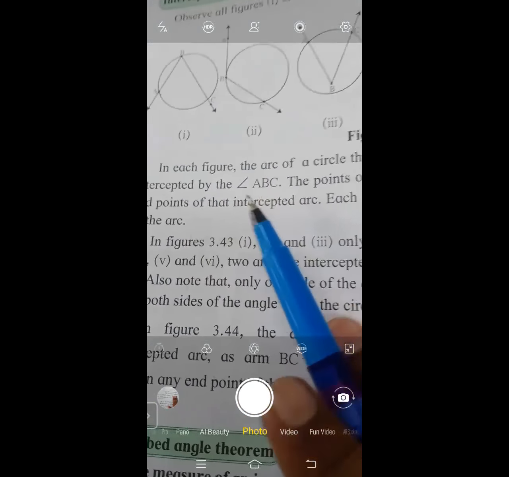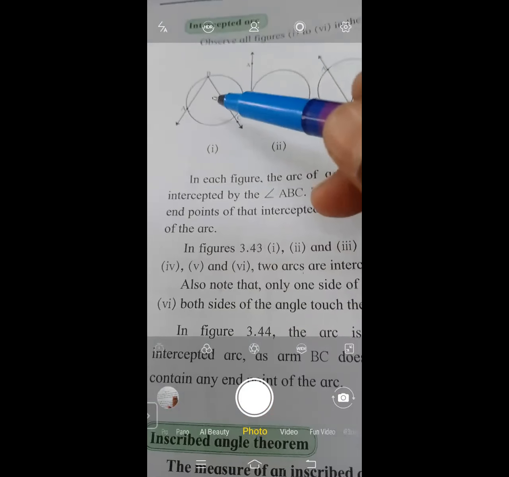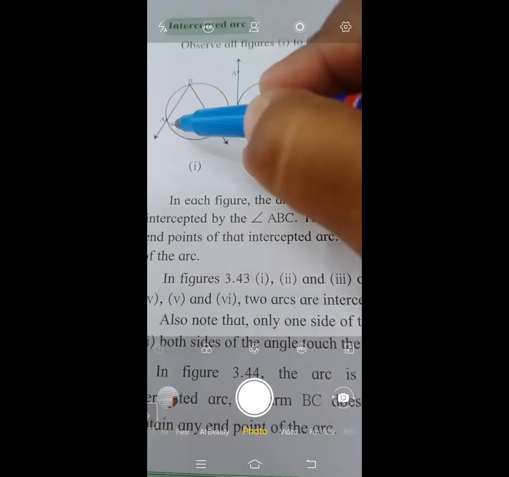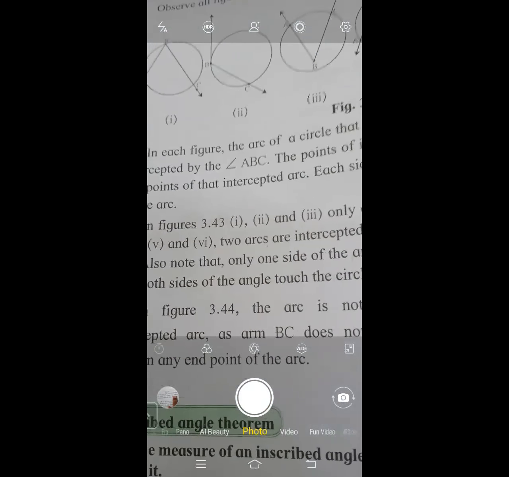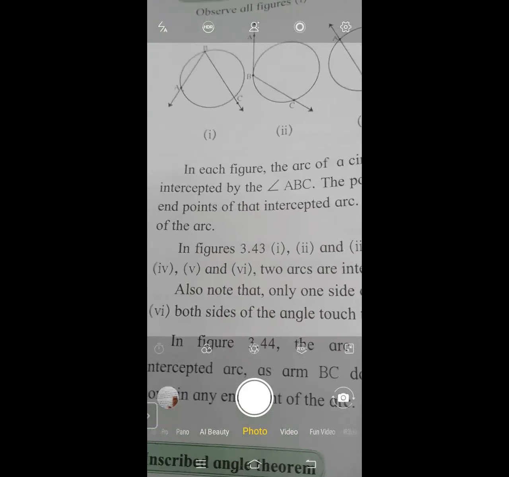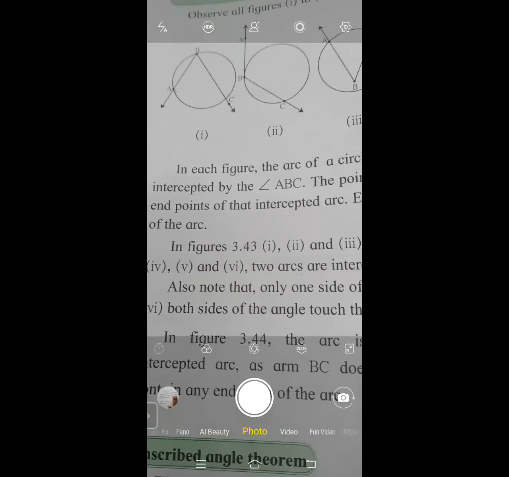Okay, so whatever is there inside the angle, we are going to take as the intercepted arc, and whatever is beyond the angle will be the inscribed arc. Just by understanding the difference between the two concepts, you will be able to easily remember these concepts.